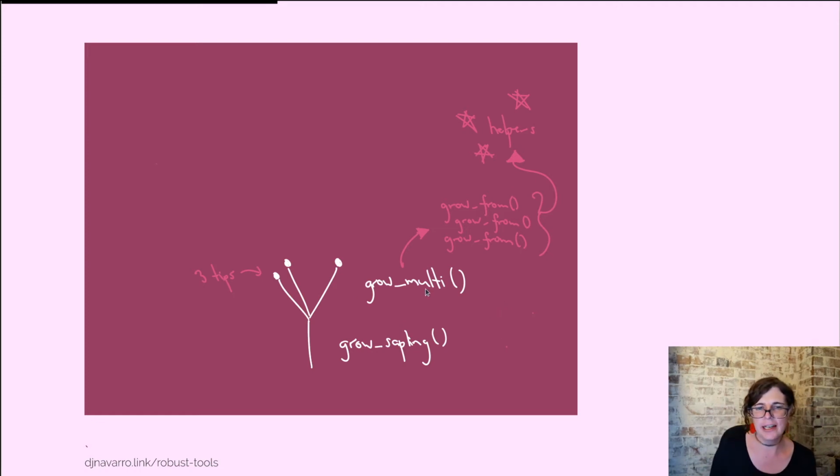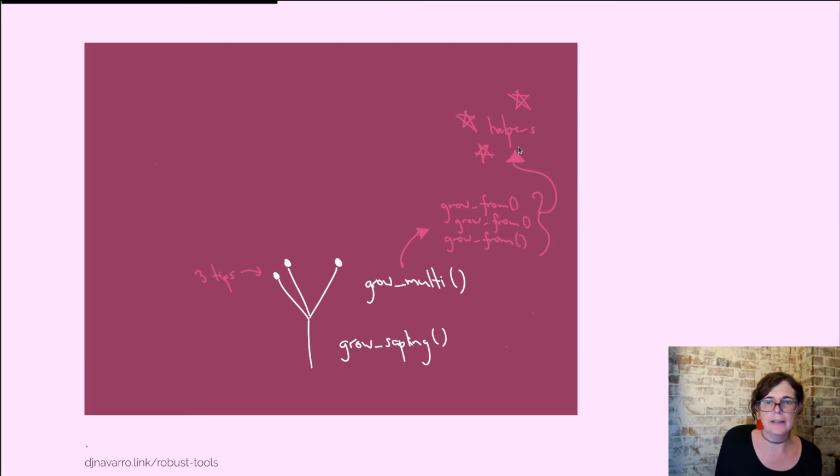And inside it, it's going to call grow from, let's say, 3 times. Each of those would, of course, themselves call the helper functions over here. But all of that stuff is, again, I keep trying to stress this, all of that stuff gets to be put in the background. Functions give you this blessing of abstraction.